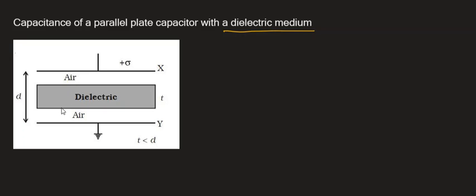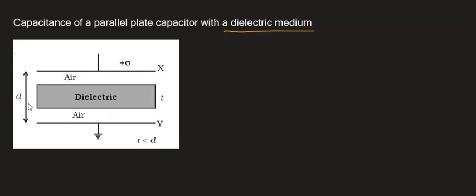Apart from the air, you have a dielectric medium here of thickness T. So T is the thickness of the dielectric layer. Now you have three layers: an air layer, a dielectric layer, maybe oil or a mica sheet, and then another layer of air.